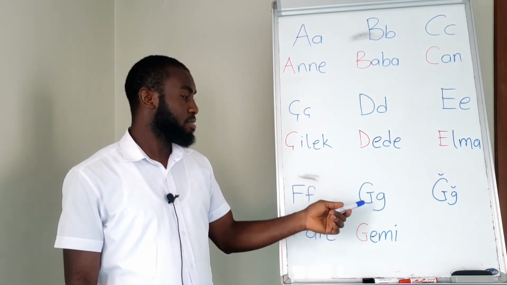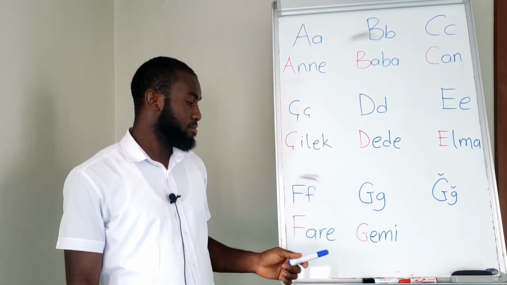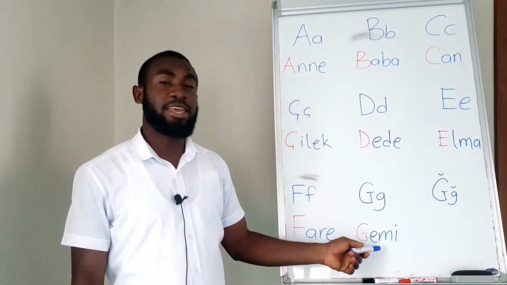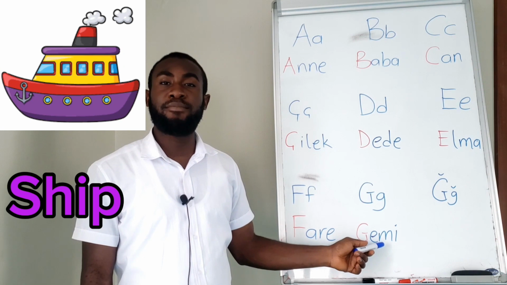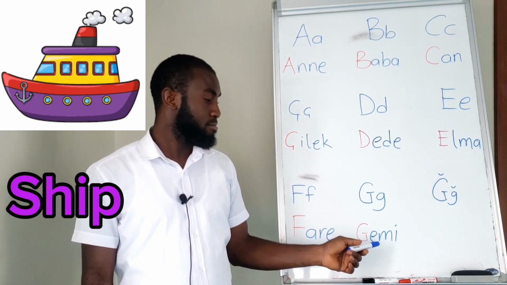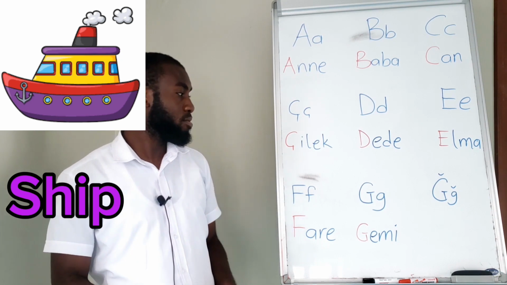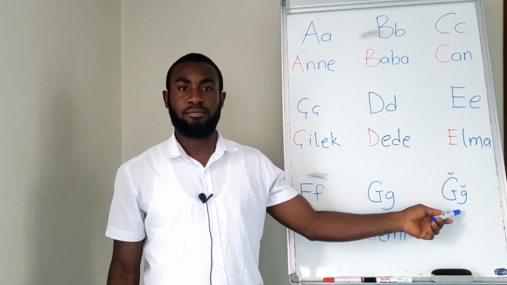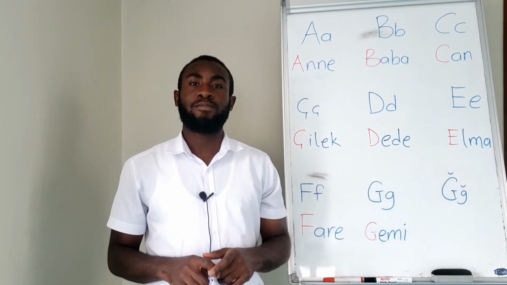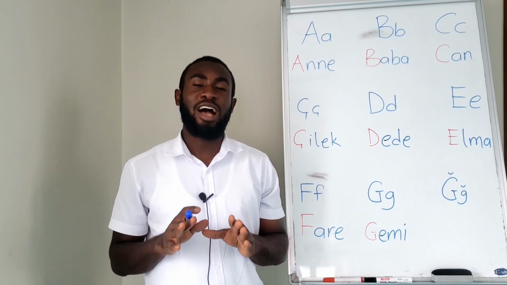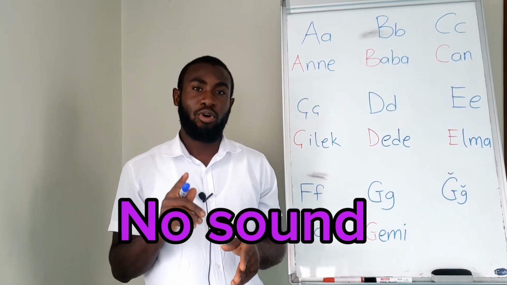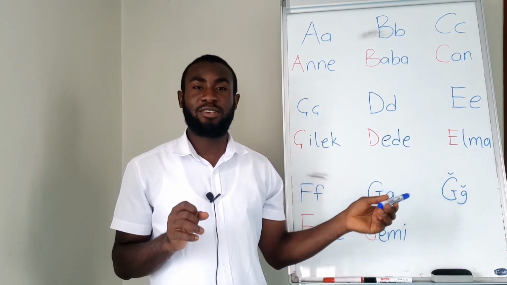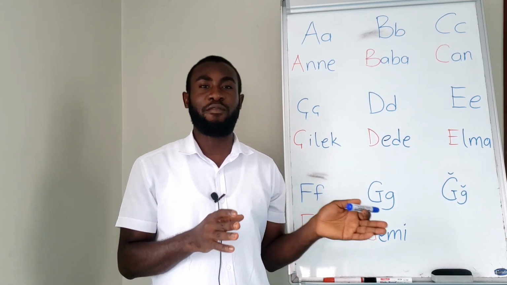Ge, g, gemi, gemi. Yumuşak ge. Now, yumuşak ge does not have any sound, and you cannot find it at the beginning of a word.